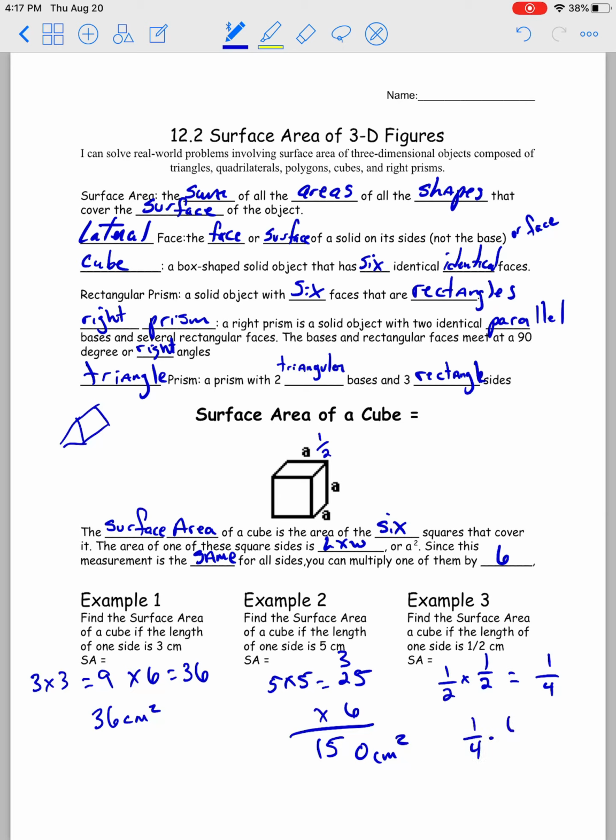So 1/4 times 6, and that gives you 6/4, or 1 2/4, or 1 1/2 centimeters squared. Just a little bit of extra work, but not that bad.